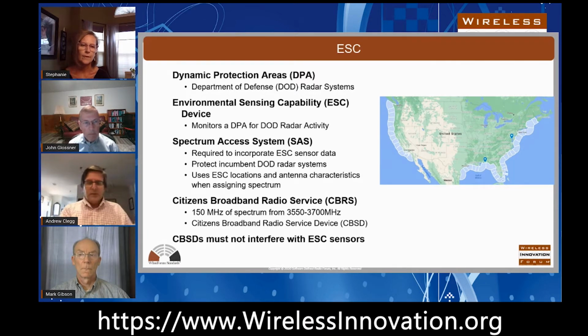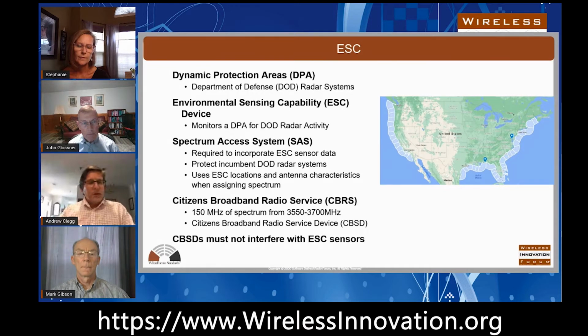So if you have a sensor on land near the beach pointing out into the ocean, it's got to be able to detect a radar that could be as far as 200 kilometers away. And even though these are high power radars, 200 kilometers is a large distance. And so these ESC sensors need to be quite sensitive in order to hear potentially distant radar activity.